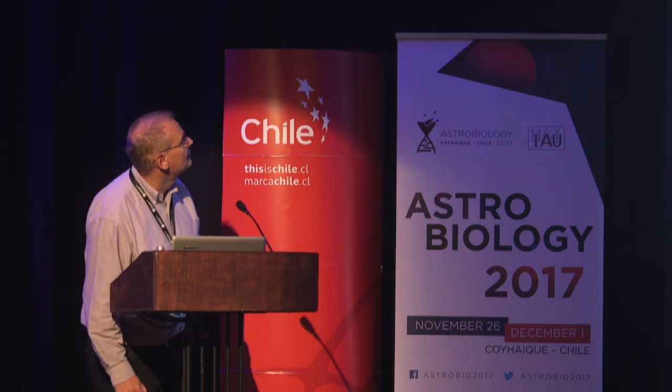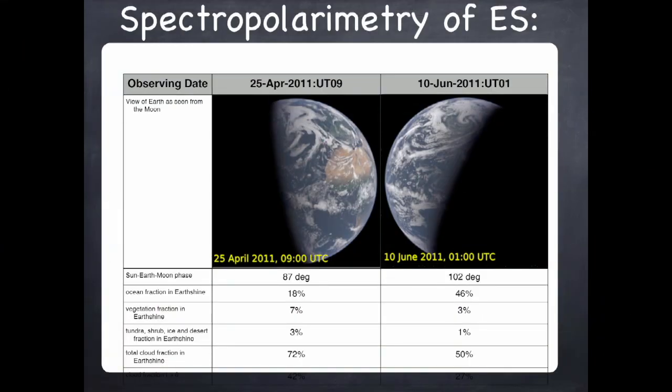What we did some years ago was observe the Earth in two different phases. I apologize that these images are not nice, but they show two different phases of the Earth with two different surface and cloud structures, both at a similar quadrature phase, where you expect a high polarization signal, but with different ocean fractions.